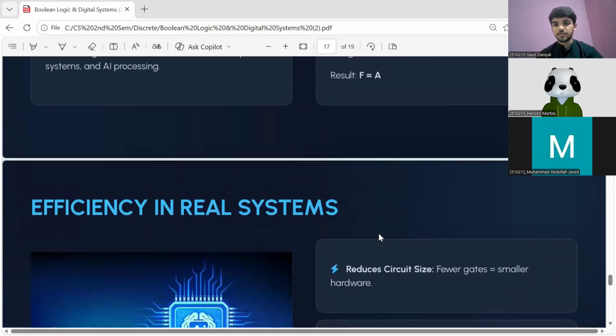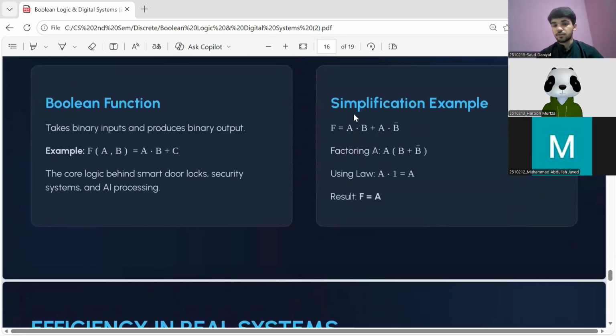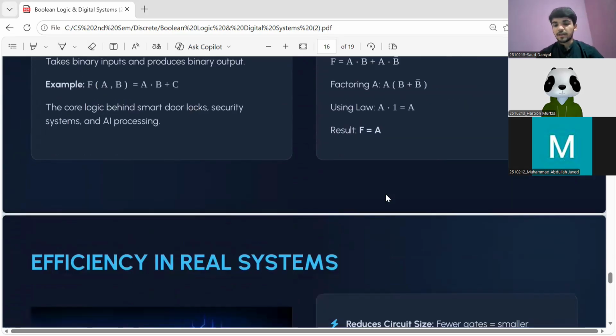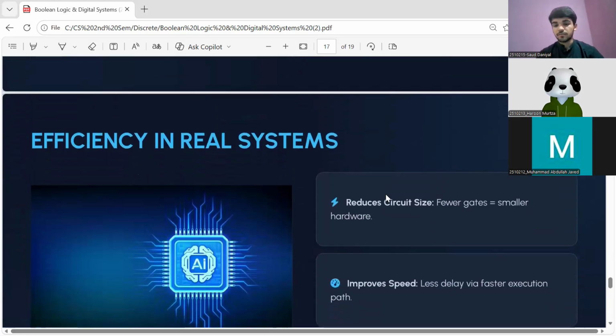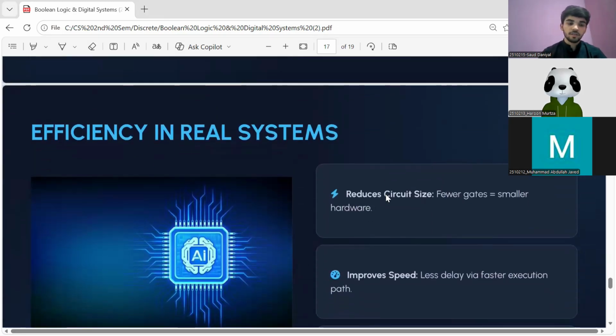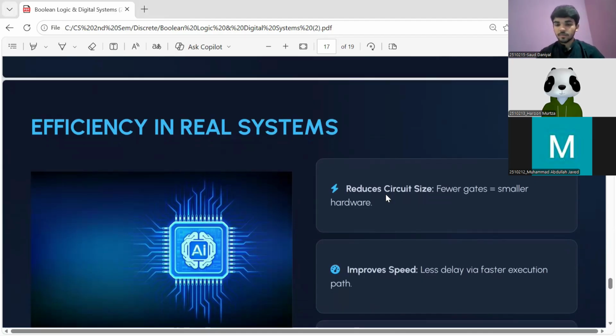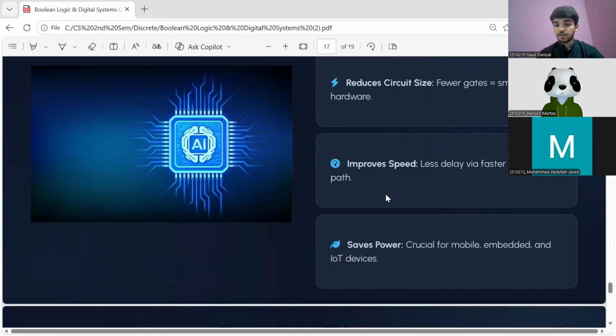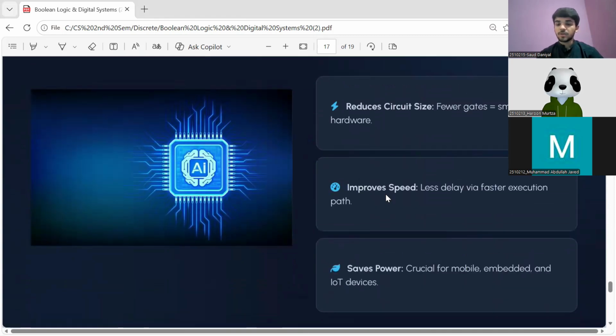Like I discussed in the earlier slide, initially we have 4 gates and after simplification we can use only 1 gate or 0 gates. Fewer gates means less complexity, lower cost, improved speed, and saved power and energy. It can also be implemented in mobile, embedded apps and IoT devices.